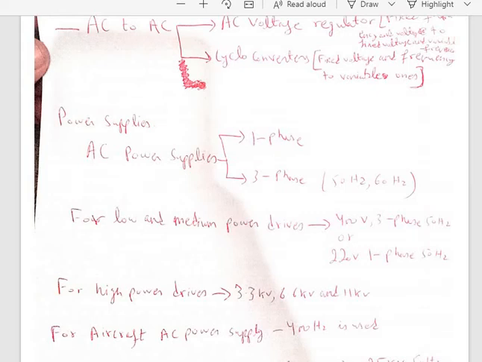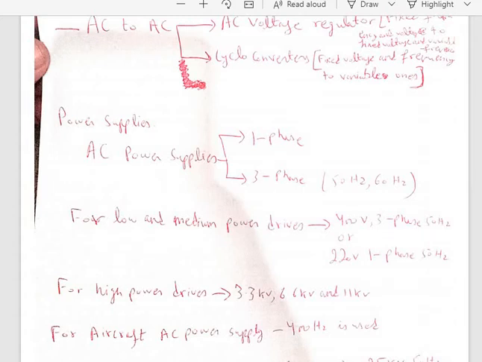We use 400 hertz for that because whenever your frequency gets higher, the weight of the magnetizing components that you need reduces. Why? Because you get more of the magnetizing effect with higher frequencies as compared to lower frequencies.